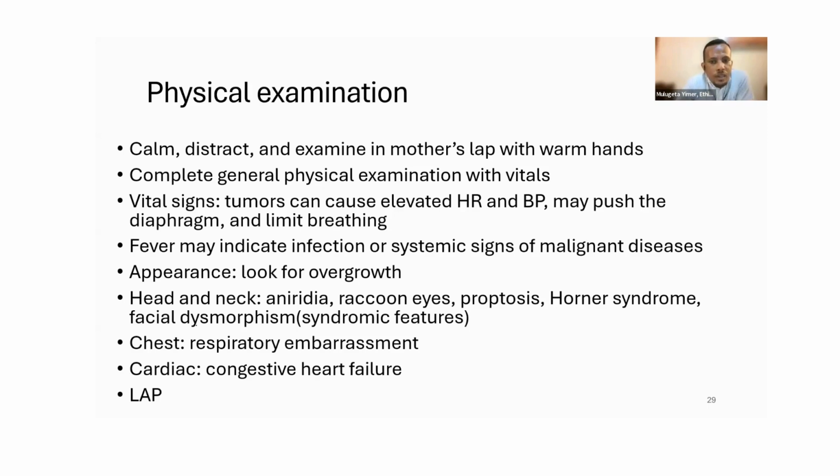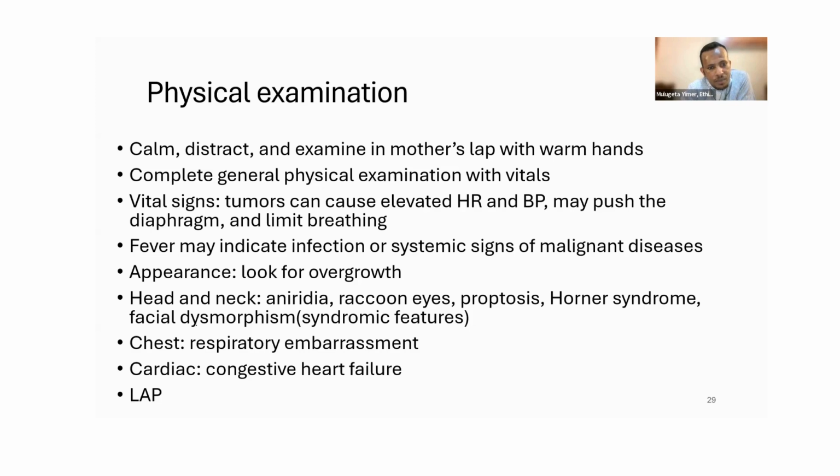So we need a complete physical examination, not only the abdominal examination, but a proper and complete one, starting from vital signs. Some tumors could give you a high heart rate or an elevated blood pressure, like neuroblastoma and Wilms tumor. Some of the tumors might push the diaphragm, and you might notice a change in the breathing pattern.